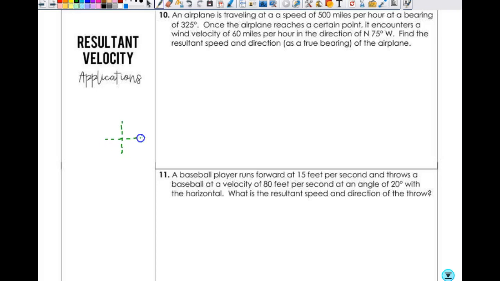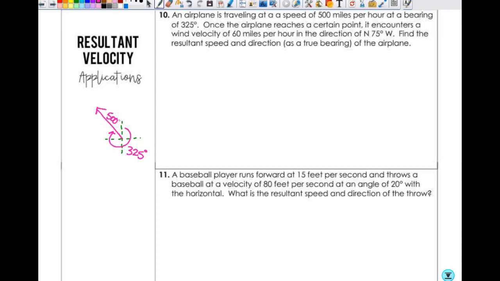Here's my little perpendicular. And it's traveling at a speed of 500 miles per hour, bearing of 325. So it's going to start here. This is 0, 90, 180, 270. So 325 is up here somewhere. So this angle here is 325. And this is 500. What are we confused about?